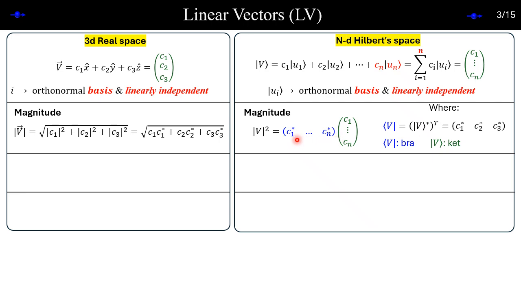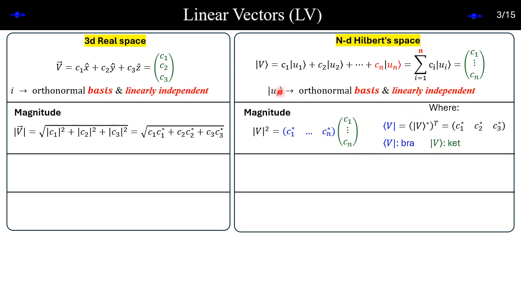If I transpose, then we get this row vector, and yes, complex conjugate, right? Then we get this, and I hope you know how to do matrix multiplication. Eventually you get C1 square and so on. This is 1 cross n, and this is n cross 1. Final product will be 1 cross 1, a magnitude. Very easy, right? That's all.